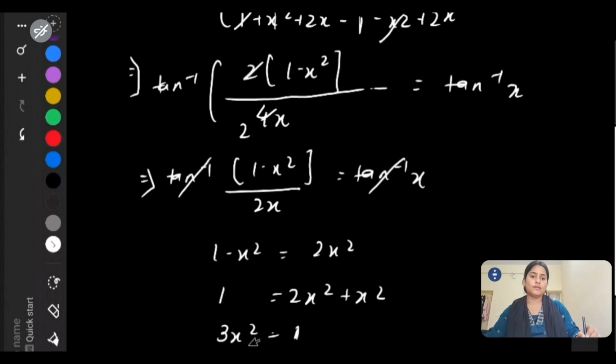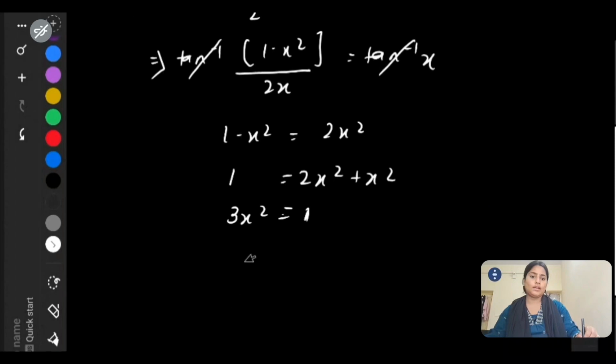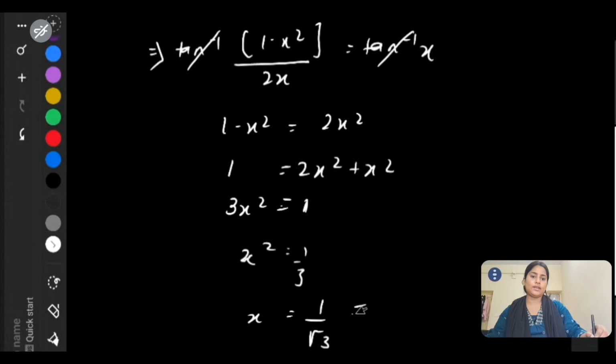Right? Now x square is equal to 1 by 3, and x is equal to 1 upon root 3. So hence, this is the answer, 1 upon root 3. This was the answer for question number 12. Let's move on to question number 13.